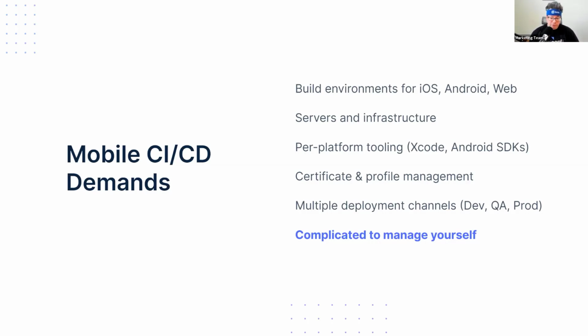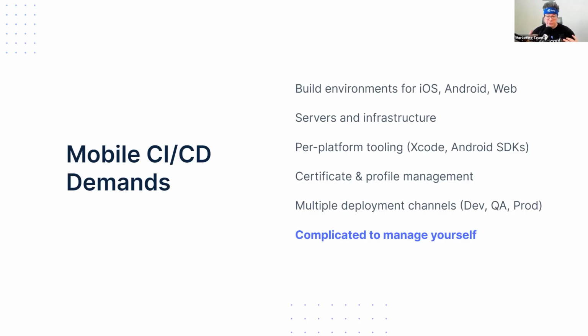Managing servers and infrastructure. So of course, you have to use a Mac to build for iOS. That's a big one that comes up a lot, is managing and buying those devices. And then again, we mentioned the certificate and profile management along with tooling that you have to keep up to date. We have yearly releases at least from iOS and Android, not to mention different versions of Xcode, Android Studio that you have to manage and maintain and make sure your apps are compatible with as they are released.